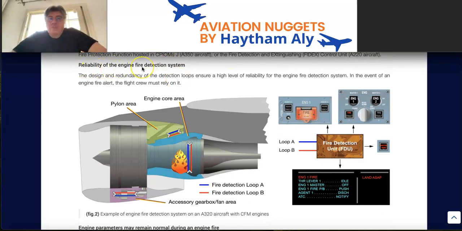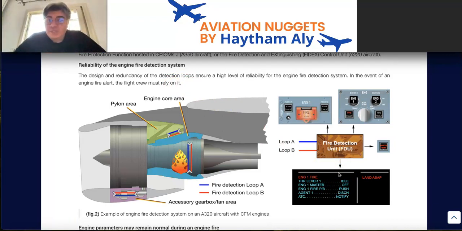Reliability of the engine fire detection system. The design and redundancy of the detection loops ensure a high level of reliability for the engine fire detection system. In the event of an engine fire alert, the flight crew must rely on it. So whenever you have an engine fire indication in the cockpit, don't delay the procedure, everybody.